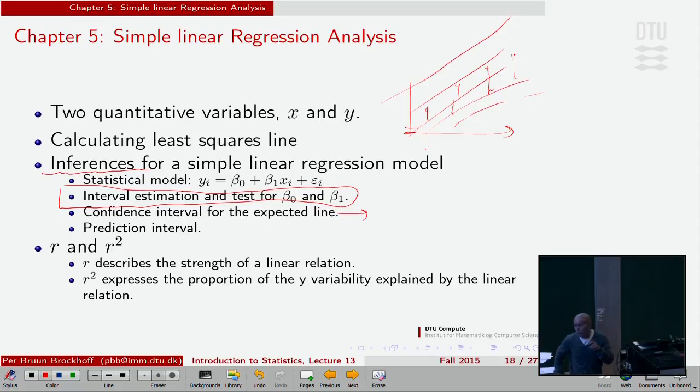What is the mean weight of all of those out there in the population? If I use the line like that, it's the confidence interval. That's the relevant. If I use the line to predict a single person's weight, that's why we call it prediction. The line value is the same. There's only one line here. But if I use it to predict a single person, it's a different uncertainty. I have the individual variability on top of it.